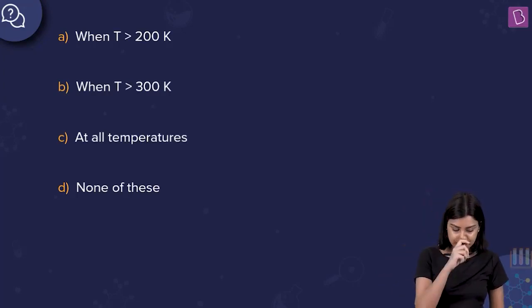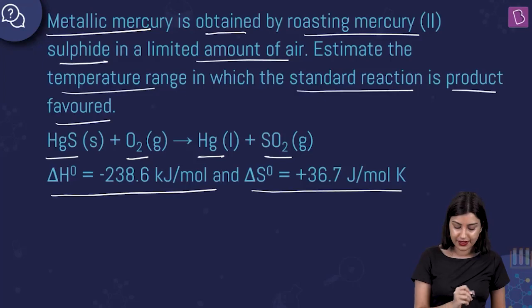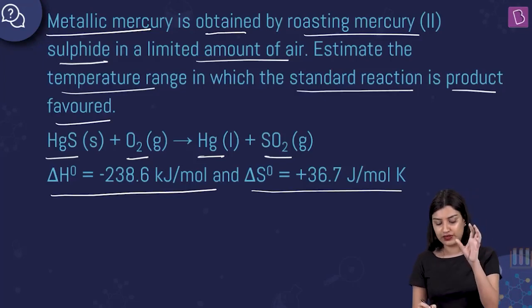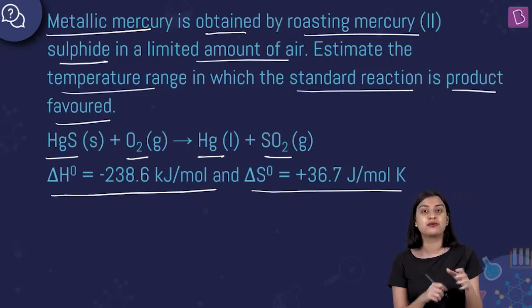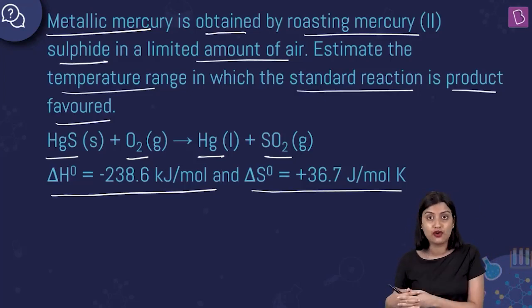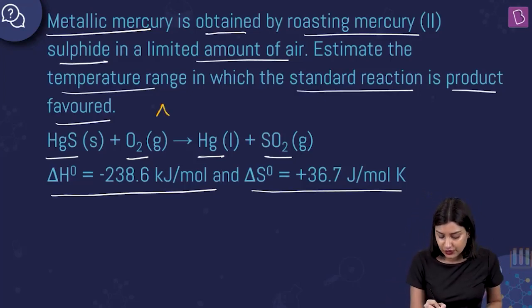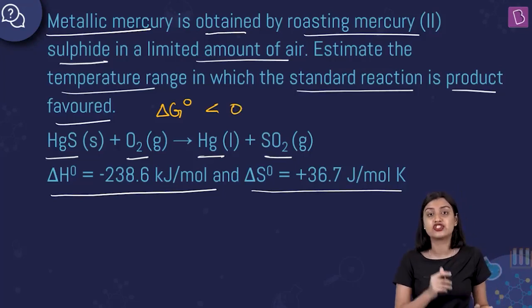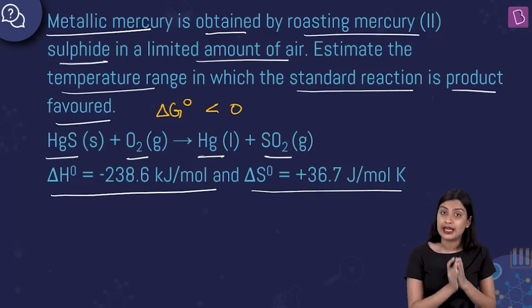So what do we know? We know that for a reaction to be product favored, or for a reaction to happen in the forward direction, or for a reaction to happen at all, your delta G naught has to be less than 0. Your change in Gibbs free energy has to be negative.